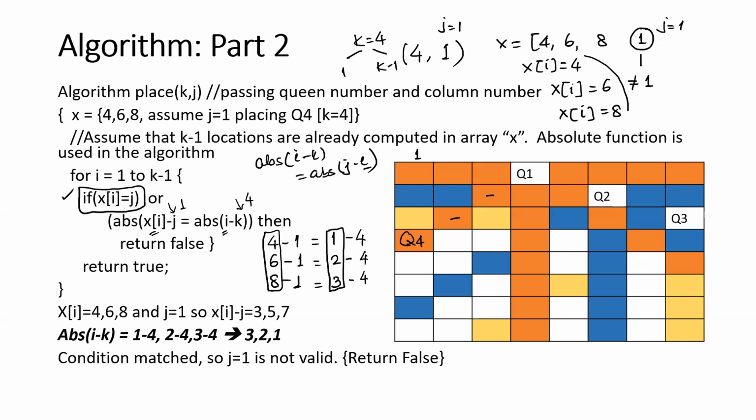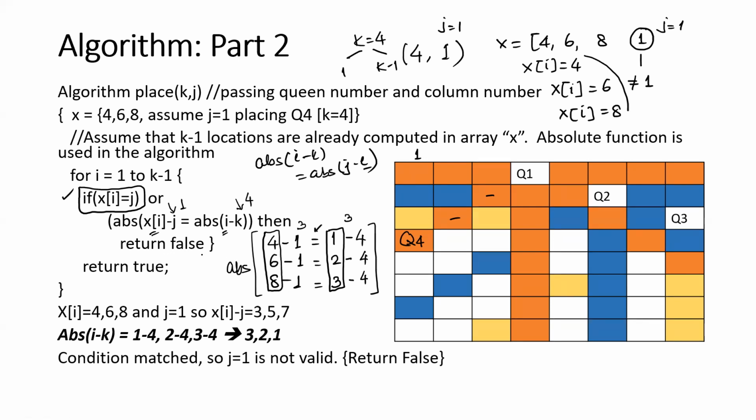Now 4 minus 1. Everything will be related to absolute here. Now we take 4 minus 1 equal to 3, and 1 minus 4 also equal to 3, and because both are same, it will return false when the value of I is 1.